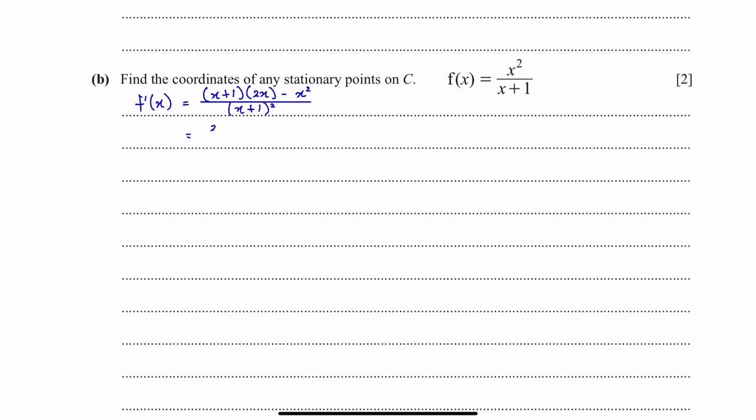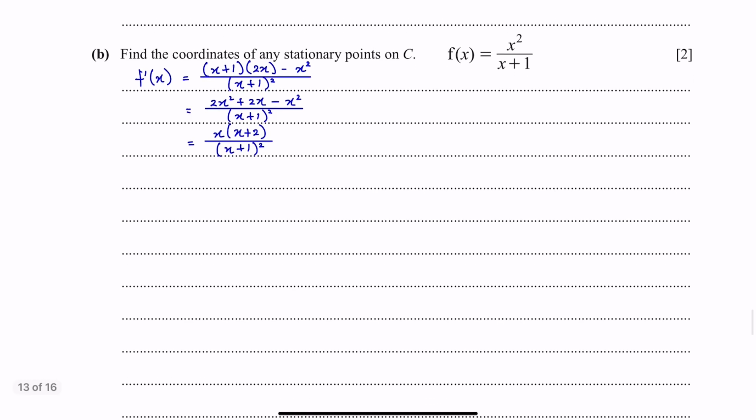And it would be 2x squared plus 2x minus x squared over (x plus 1) squared. And we get x times (x plus 2) over (x plus 1) squared.